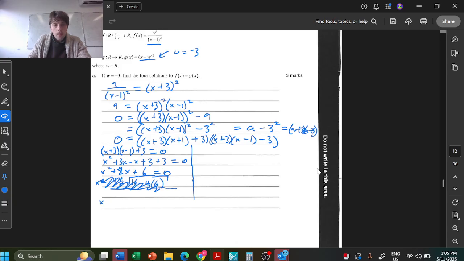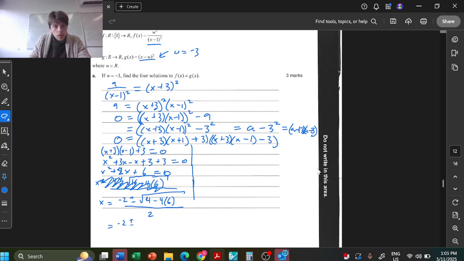So if we go back to the quadratic formula, this is going to be negative b, so that's negative 2 plus or minus the square root of b squared, which is 2 squared, so that's 4 minus 2, b squared minus 4ac, so it's 4 times 1 times 6, over 2a, sorry, so that's 2 down the bottom there, right?